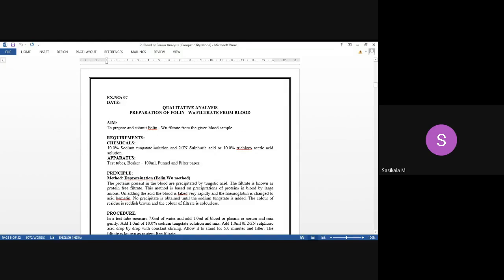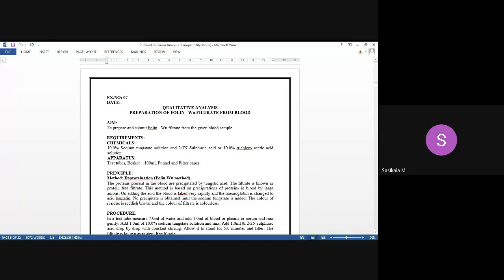What chemicals do we require? Definitely tungstic acid in the form of a salt solution: 10% sodium tungstate solution, and 2/3 normal sulfuric acid. In an acidic medium, it is going to precipitate the proteins, so these two reagents are a must. Sodium tungstate is more expensive. We can go with trichloroacetic acid also, which is applicable for the same purpose of removing proteins from the blood.